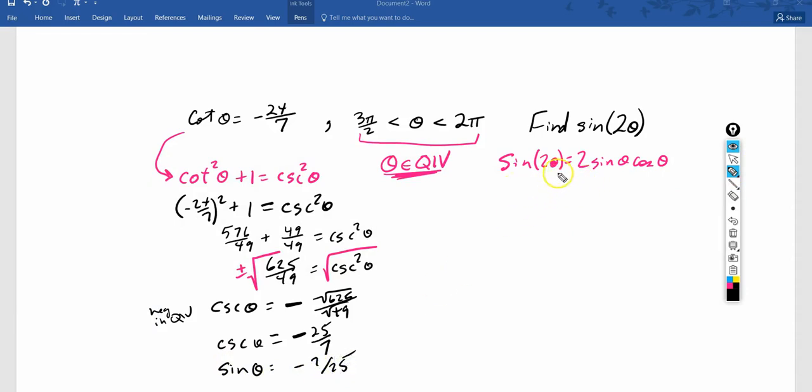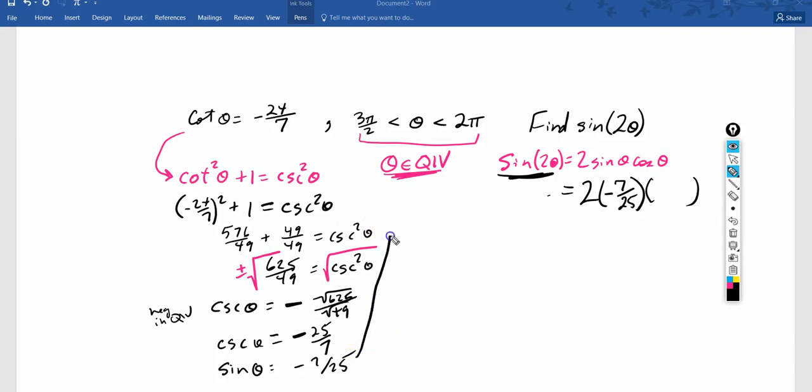So here I'm going to have 2 times the negative of 7 over 25. Now all I have to get is cosine of theta, and then we should be set. So I know sine.